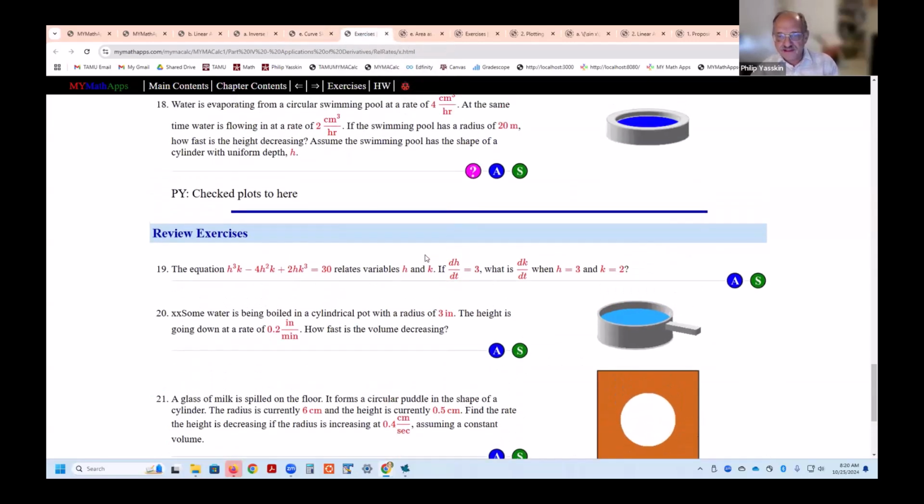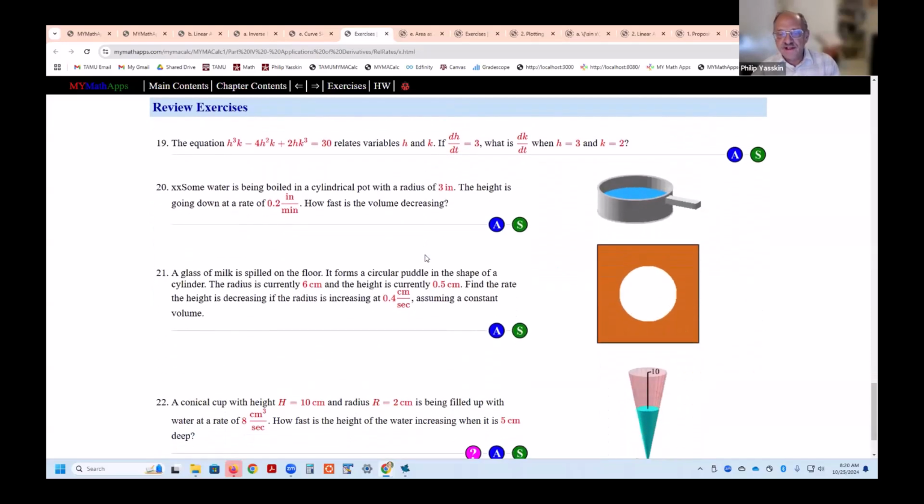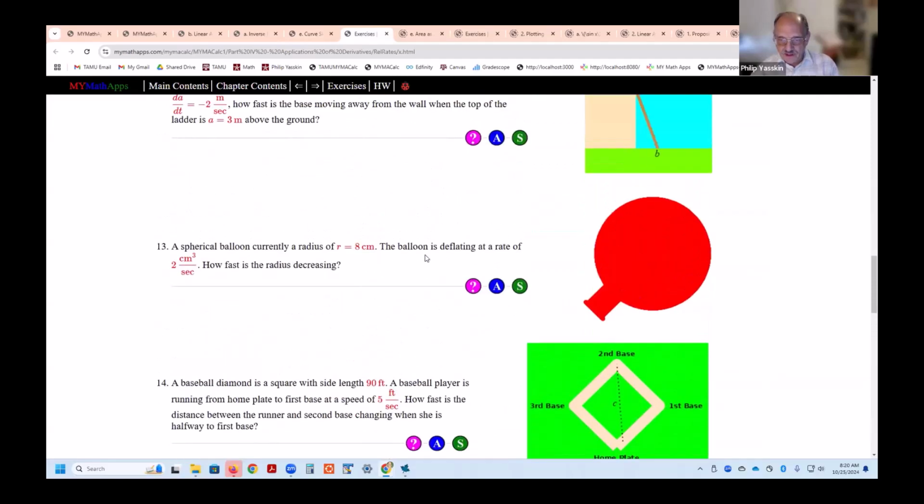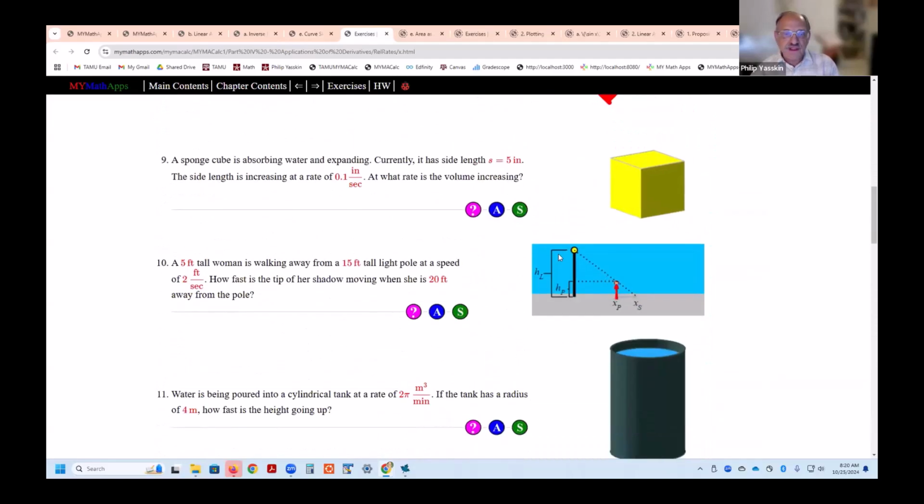Exercises on related rates. There are lots of pretty pictures. This one here was made by a student as a project in my summer program for middle schoolers. It wasn't quite so refined, but I worked with him and we refined it and got it good for a related rates problem. Excuse me.